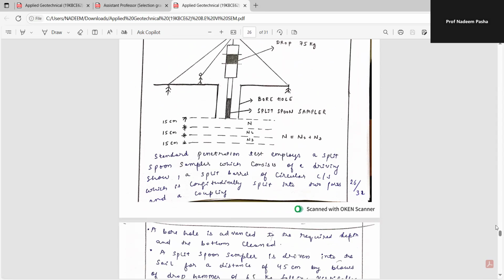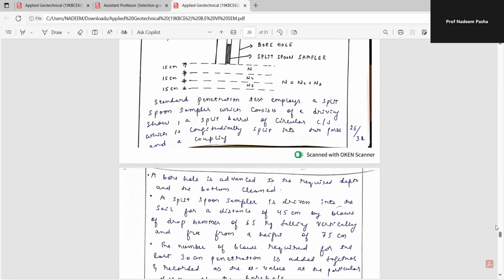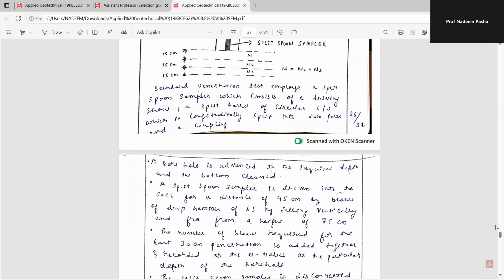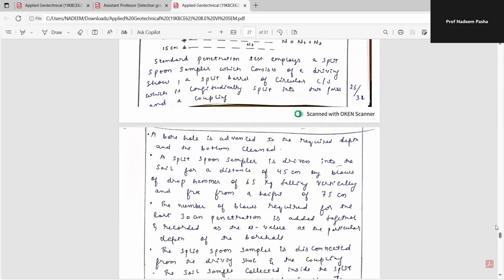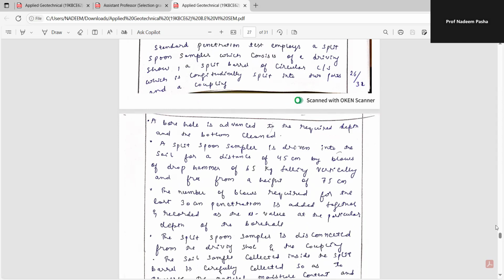A borehole is advanced to the required depth and the bottom is cleaned. A split spoon sampler is driven into the soil for a distance of 45 centimeters by blows of a 65 kg hammer falling vertically and freely from a height of 75 centimeters. The number of blows required for the last 30 centimeter penetration is added together and recorded as the N value at the particular depth of the borehole.